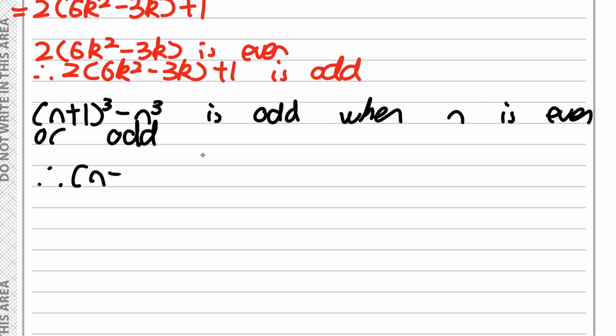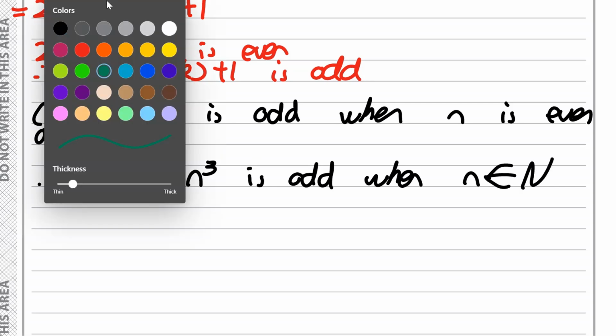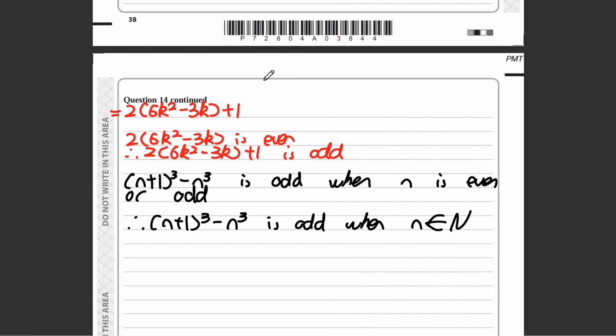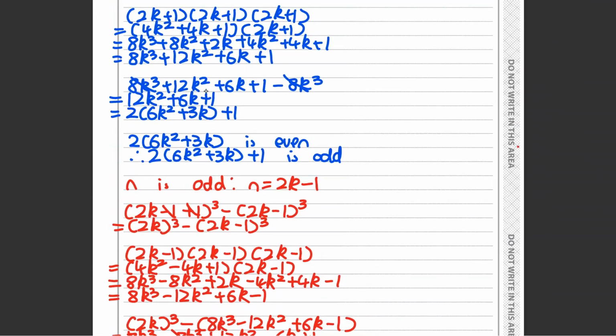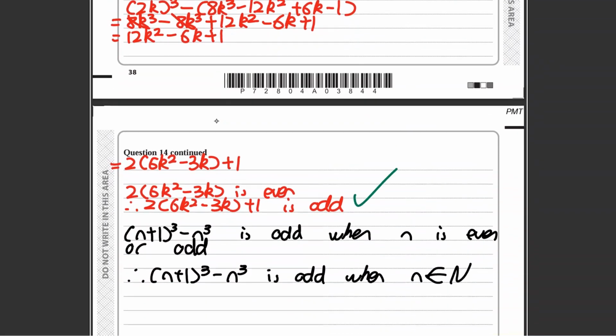So therefore n plus 1 cubed minus n cubed is odd when n is a natural number, and this here is the final answer. In order to get the 2 marks here, you get 2 marks for proving the even case, and you get 2 marks for proving the odd case.